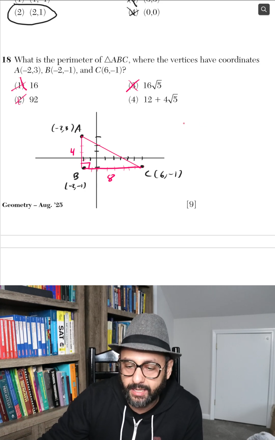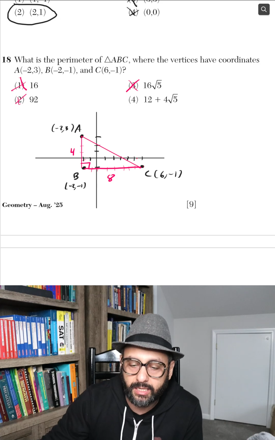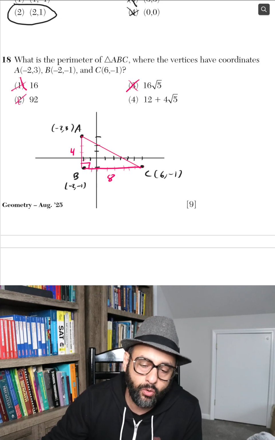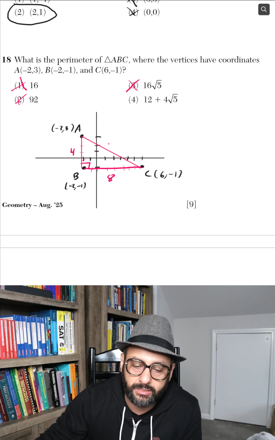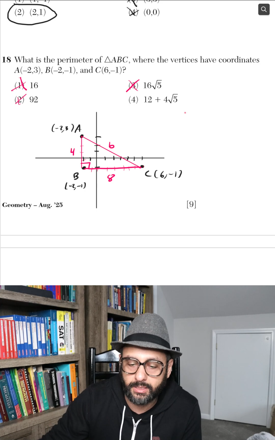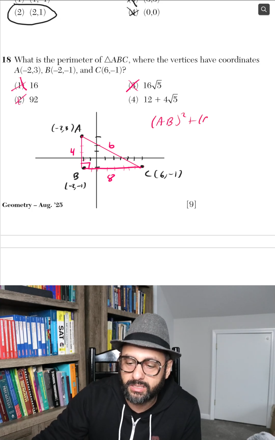Okay, that said, how do I get the length of AC? I could get it by the distance formula, or I can get it by the Pythagorean theorem, since this is a right triangle. The hypotenuse is actually AC in this case. So we got that AB squared plus BC squared is equal to AC squared.